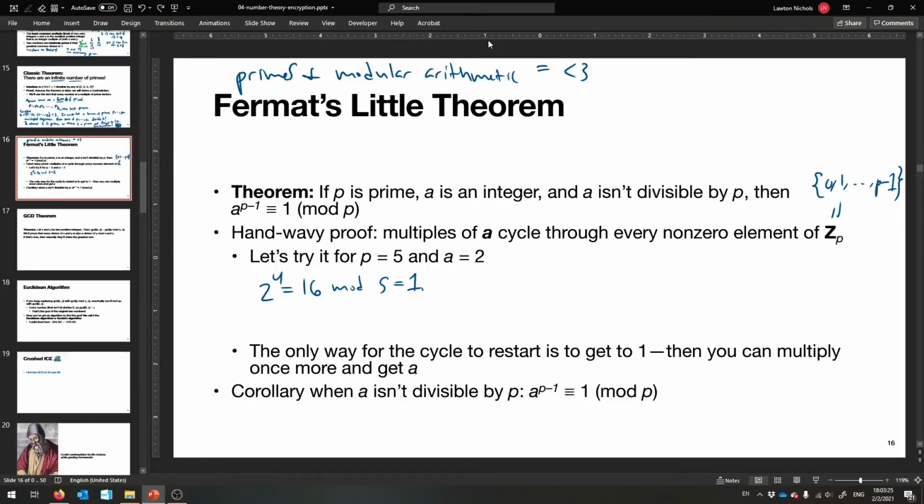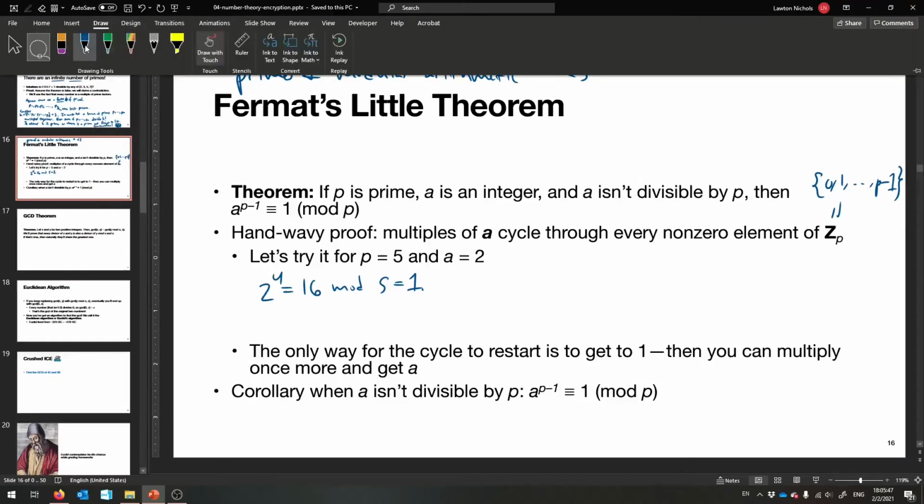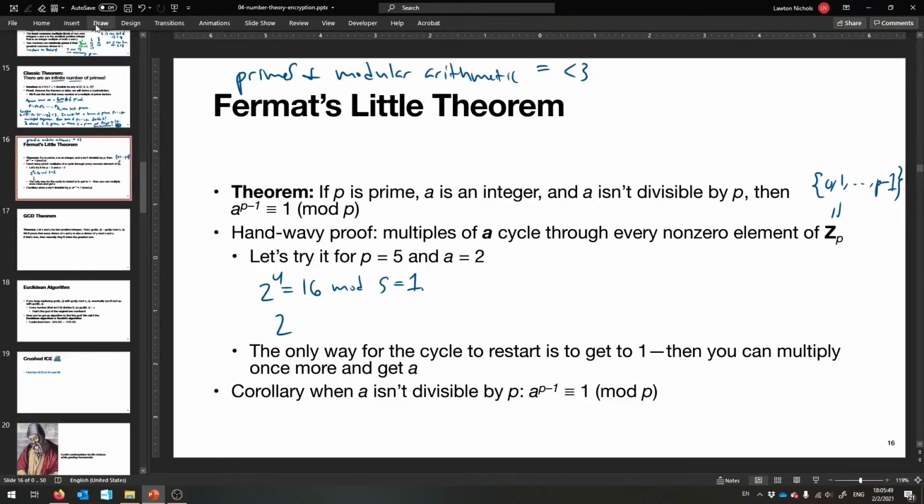Let's try this for a equals 2. So 2 to the 0 mod 5. Let's make sure I'm still recording. Yes. 2 to the 0 mod 5 equals, well, that's just 1, right?